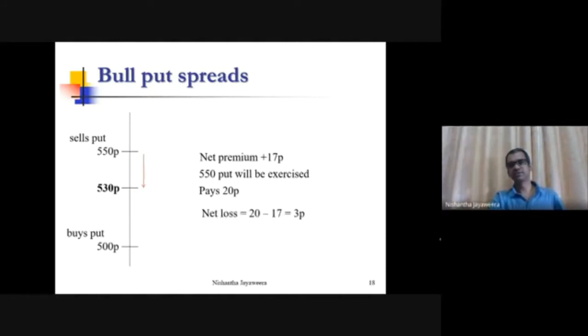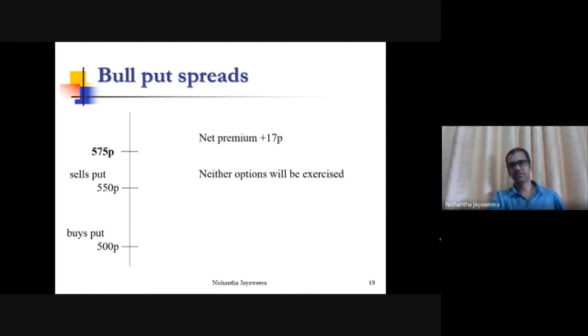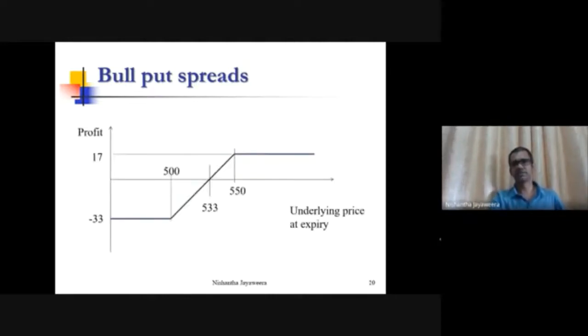So the net loss is 3 pence. In the third scenario, when the price is above 550, in this example 575, neither option will be exercised, so no cash flow. The net gain is 17 pence. So the payoff diagram will be like this.